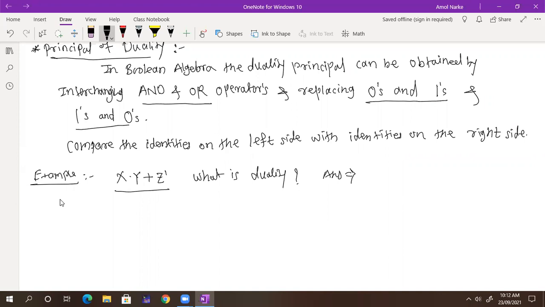X plus y dot z? You mean to say y dot z, the normal multiplication dot? I might be wrong, I'm not sure.